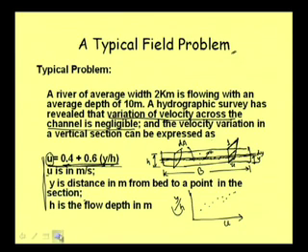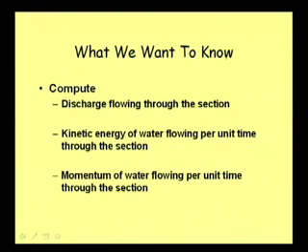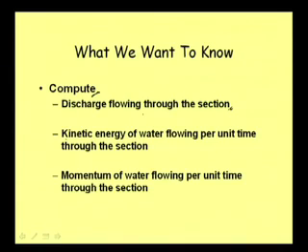Now, with this understanding, we can go to what we really need from this, what is our objective. So what we want to know is, our target is to compute the discharge flowing through the section. We are measuring all those things and we need to know what is the discharge flowing through the section. This is one point. And then second, we want to know the kinetic energy of water flowing per unit time through the section.